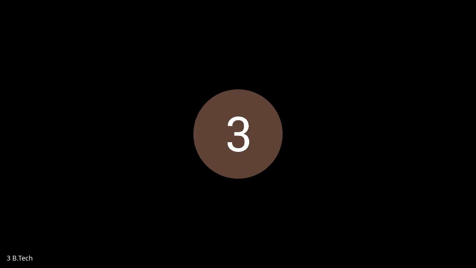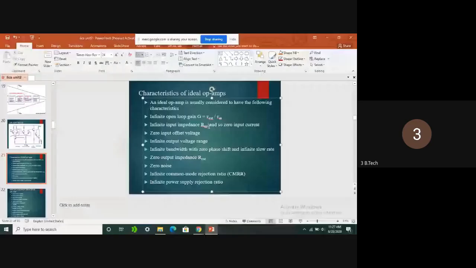So here also we can consider the ideal characteristics of the amplifier: offset voltage is zero, and infinite output voltage range. That is, the output voltage range for any operational amplifier should be very high, with infinite bandwidth, zero phase shift and infinite slew rate.